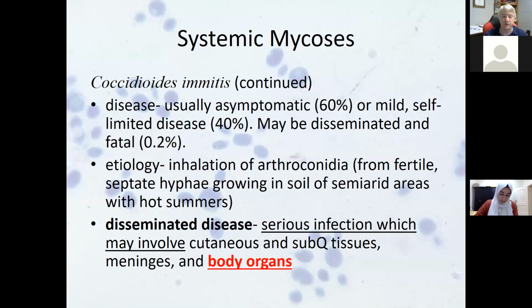With hot summers, we're starting to see people moving into the San Joaquin Valley for living, and we're going to see a number here in a minute that's going to show us this could be a problem. Disseminated disease is a serious infection of cutaneous and subcutaneous tissues, meninges, and body organs. So it can definitely go disseminating.